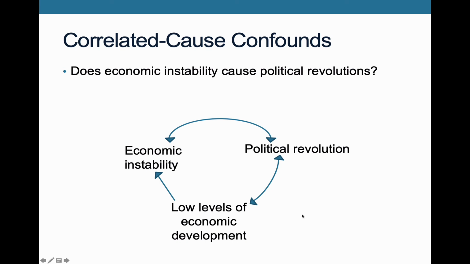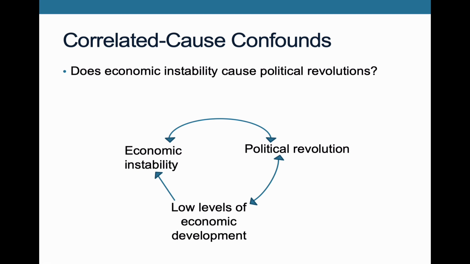And maybe that low level of economic development goes along with political revolution, but it's not necessarily causing it. It might be related through other connections, say, colonial legacies. There might be a number of things that make less developed countries more likely to have a political revolution without the economic development itself being causal. So as I mapped it out, z is causing x, and it just happens to be correlated with y.